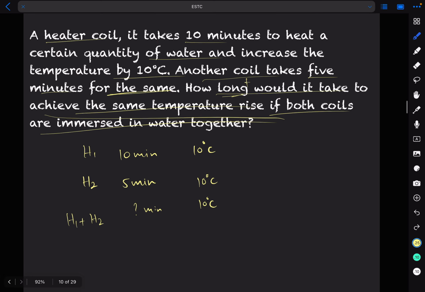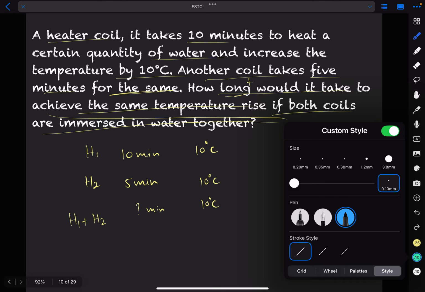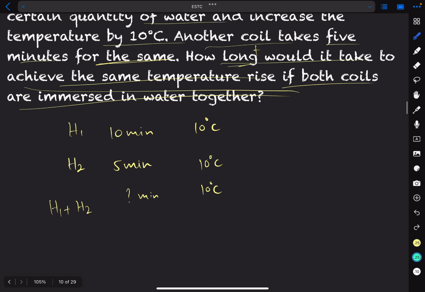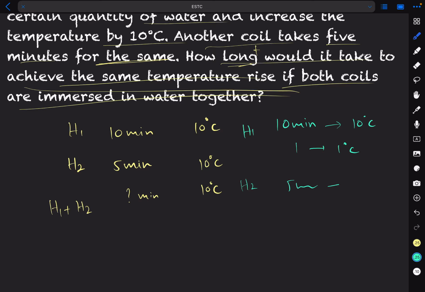Nice question. How can we solve it? Okay, listen to me. If 10 minutes is used for increasing the temperature by 10 degrees Celsius, for 1 minute it will be 1 degree Celsius for the heater coil 1, and for coil number 2, if it is taking 5 minutes for 10 degrees Celsius, then for 1 minute it will be 10 by 5, so 2 degrees Celsius.